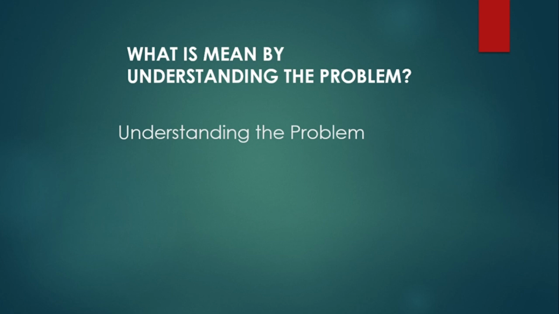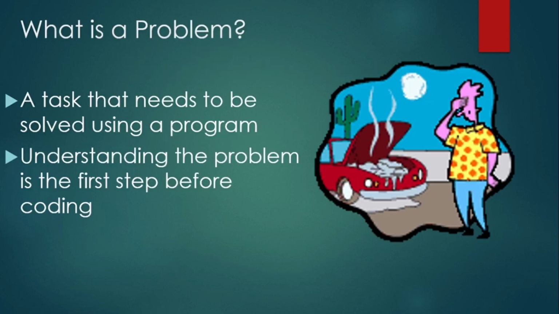Let's understand what we mean by a problem in programming. In our daily life, a problem is any task or situation where we need to find a solution. For example, if your phone stops working, that's a problem. If your internet connection is down, that's a problem. Similarly, in programming, a problem is simply any task that needs to be solved using a program.